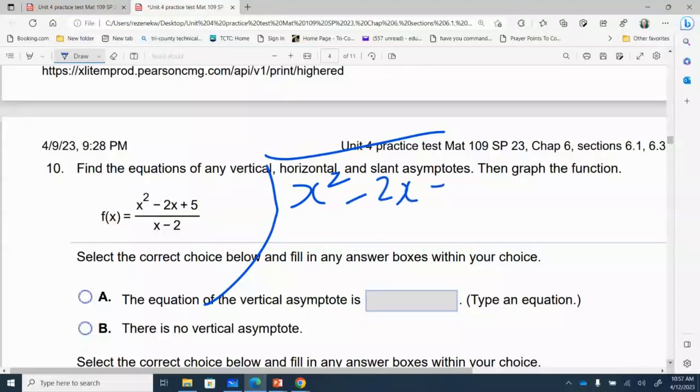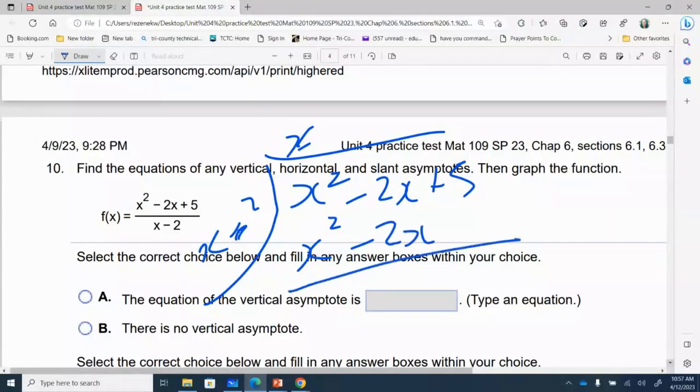Minus 2x plus 5. Let's write the quotient here, x minus 2. What do I multiply this by to get x squared? x. Multiply this, x squared minus 2x. Let me subtract. x squared minus x squared cancel, minus 2x minus 2x cancel.